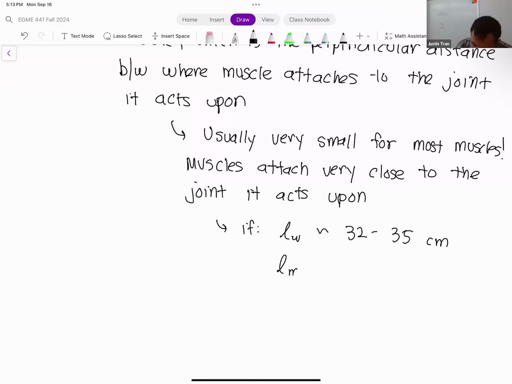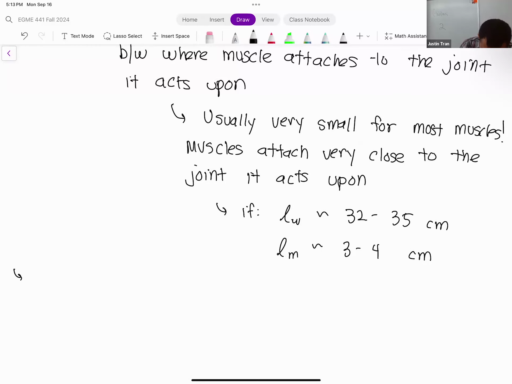So for a typical arm length, the muscle moment arm for these people is usually around 3 to 4 centimeters. So it's usually about 1 order of magnitude less than the limb that it's acting on. Right? So what does that mean, right? And so if you actually plug in numbers for this equation, right?